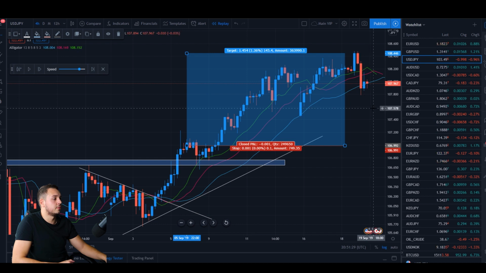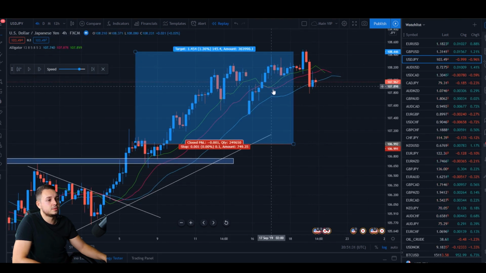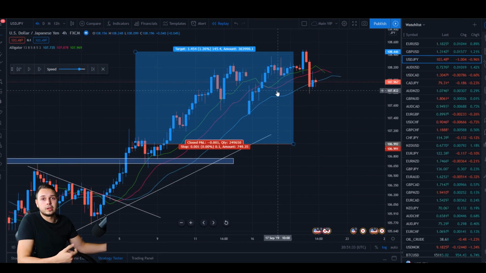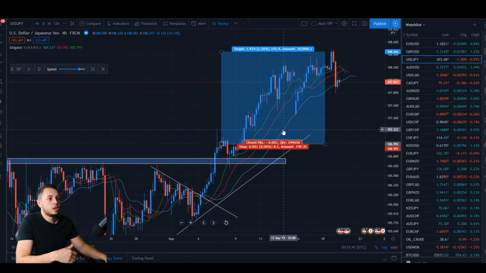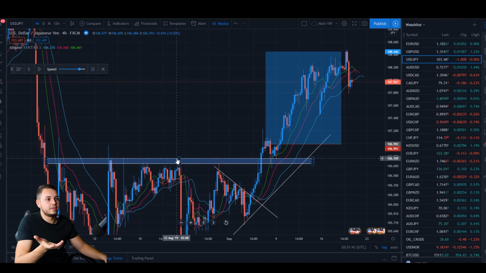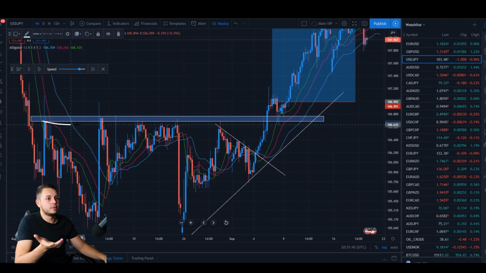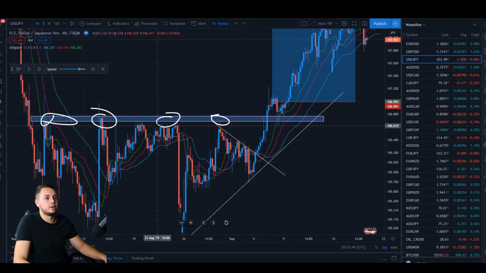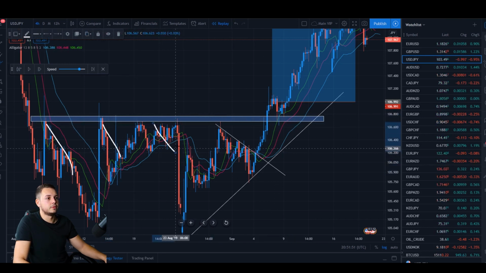It started to turn around now, even broke out the moving averages, but this move could have been caught and you could have potentially made a ton of money just by using these alligator lines, knowing your support and resistance areas. These support and resistance areas, once you see something in regards to this is a clear support and resistance area, bunch of turnarounds towards the downside.